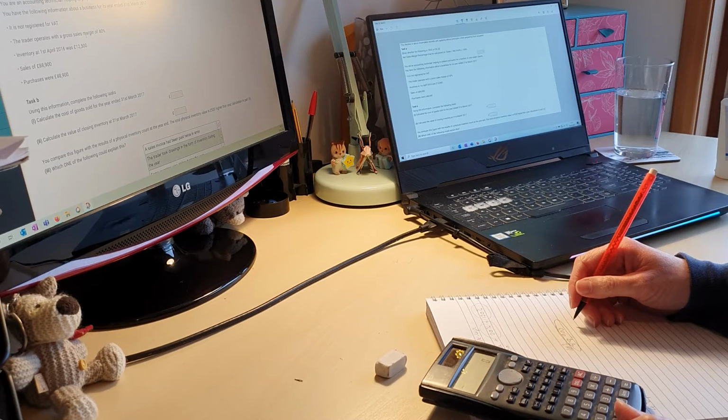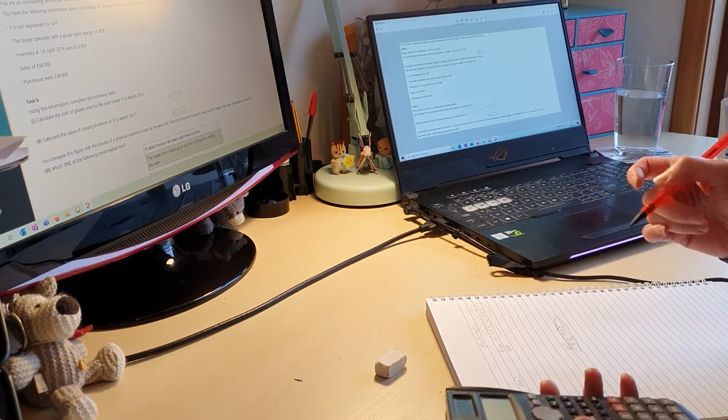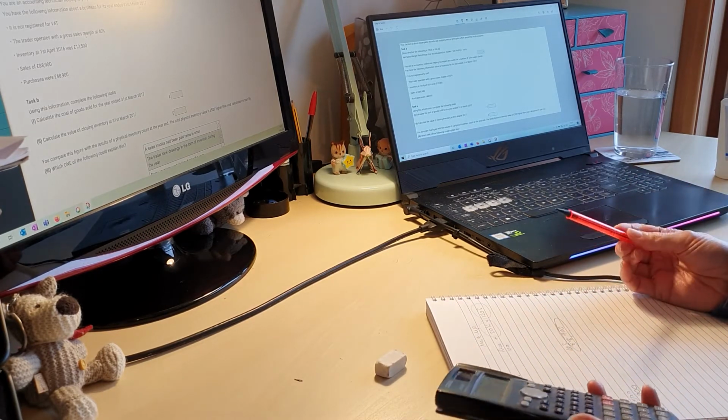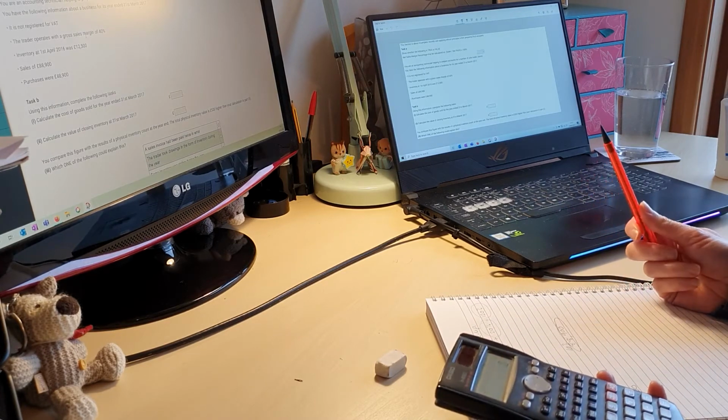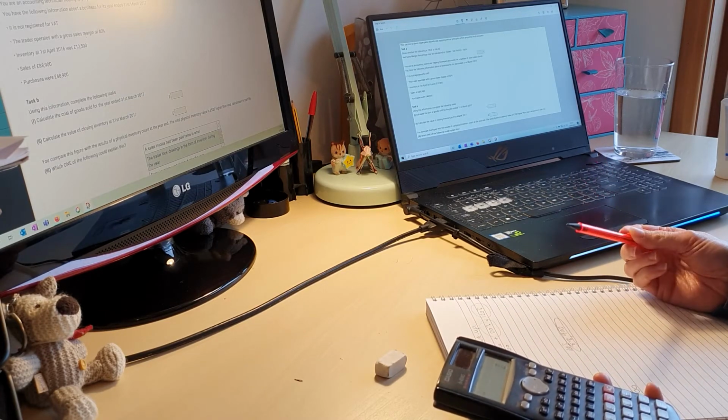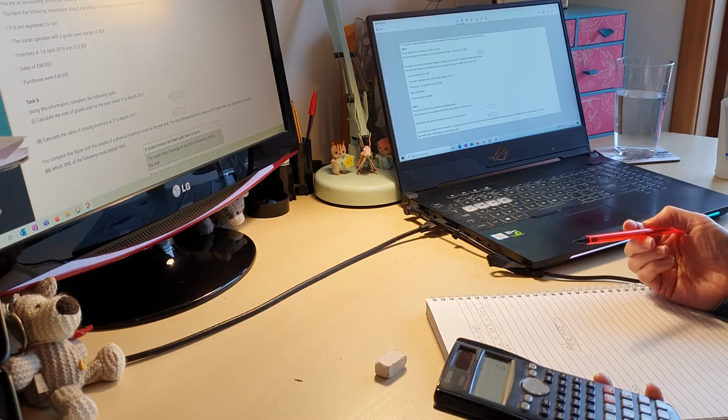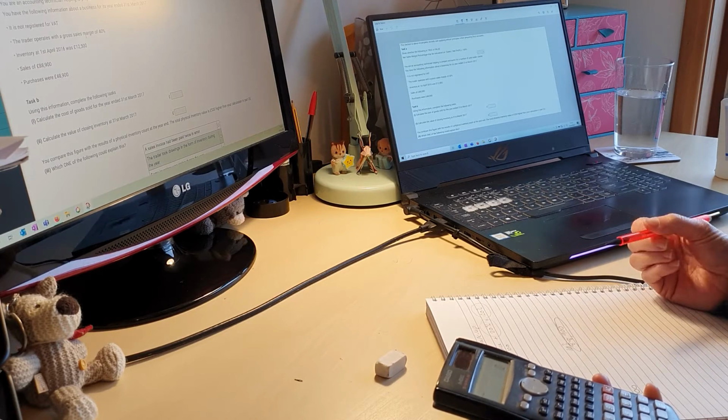Net sales margin percentage. Oh wait, hang on.